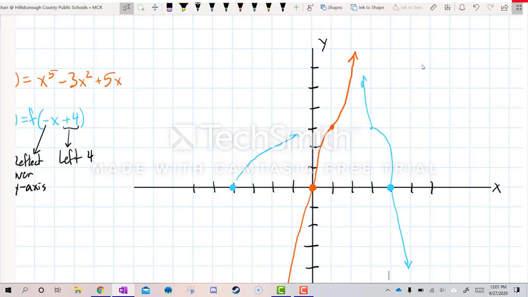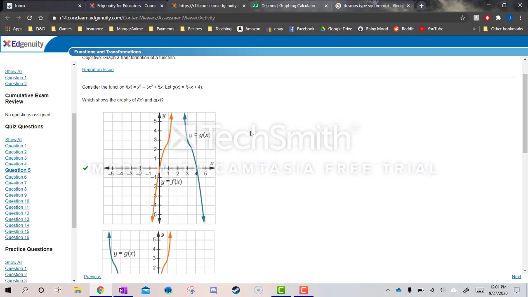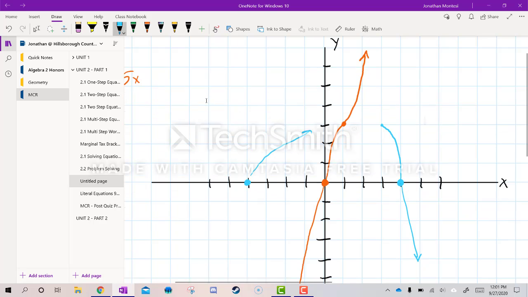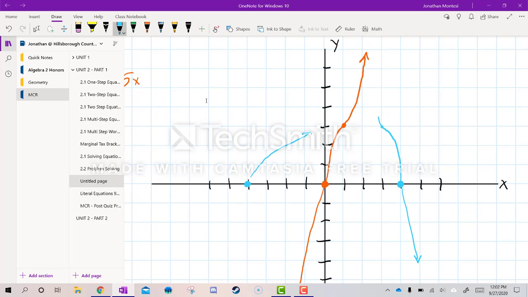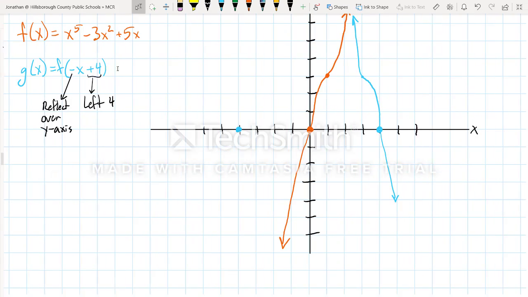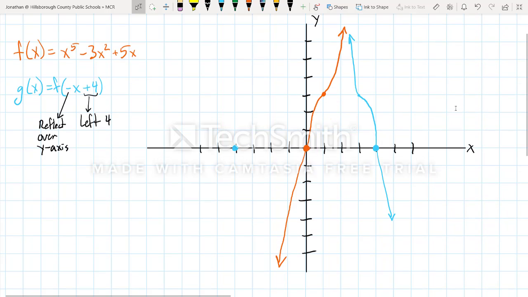Let me compare to the actual one. Very rough sketch, so let me try and make that look a little nicer. Little curve right there, and then moving up in the same direction. So there we go. Do your horizontal translations first, and then reflect over your axis.